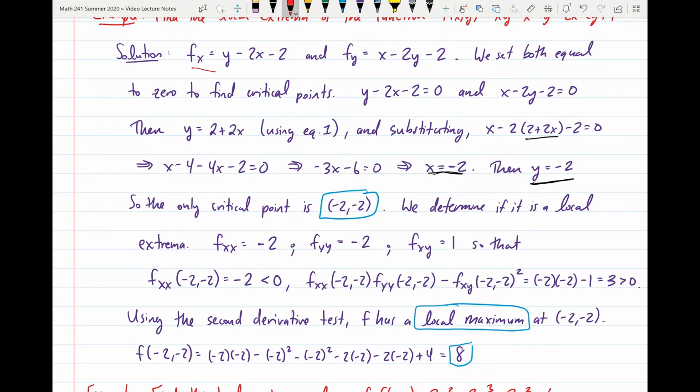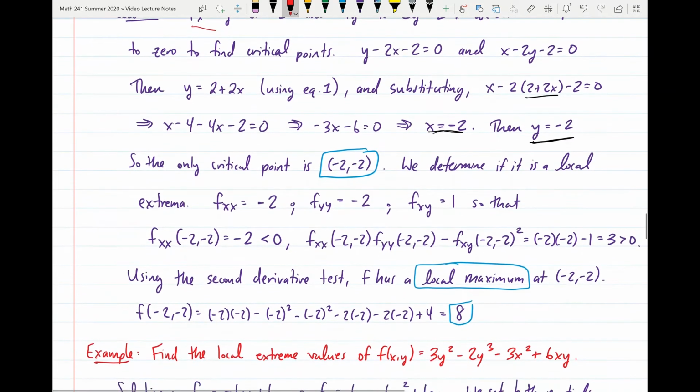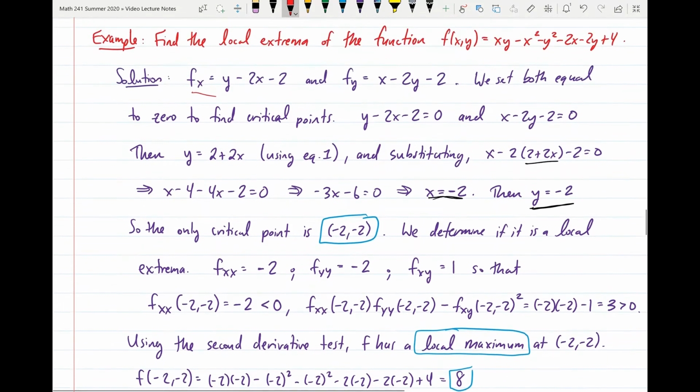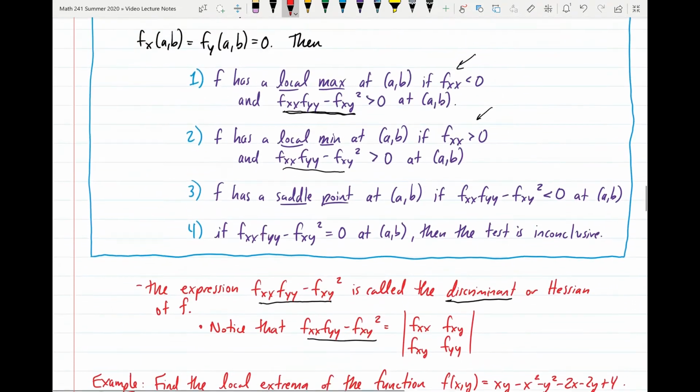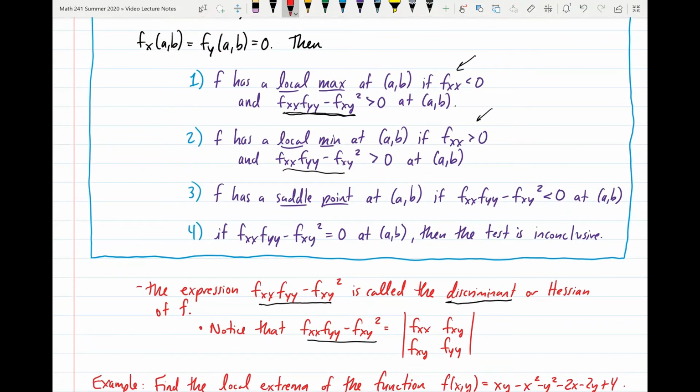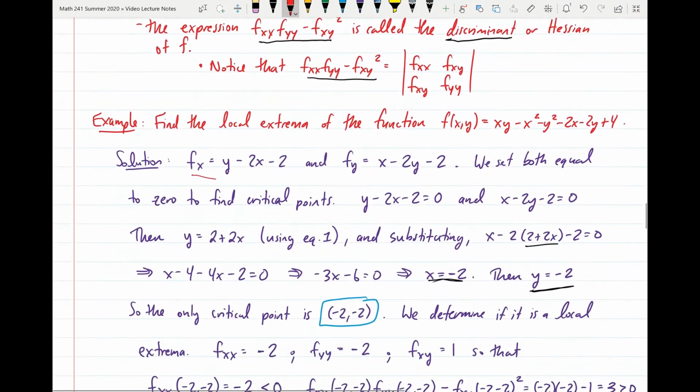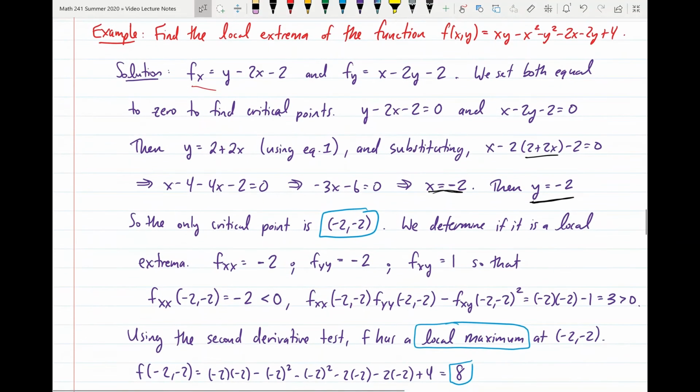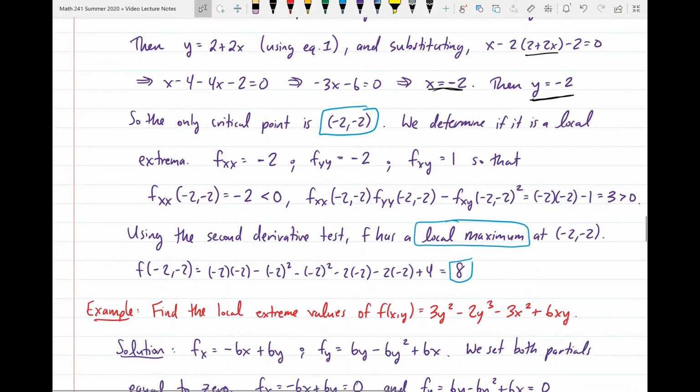And f sub xy is equal to 1. So f sub xx at our point is going to equal minus 2, which is less than 0. So far it looks like we're fitting into case 1 here. But now we need to make sure that the discriminant is greater than 0. So let's calculate the discriminant now.